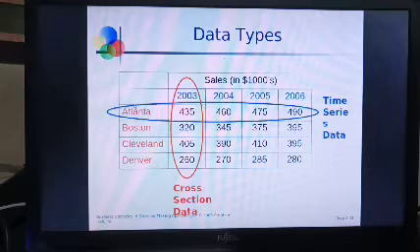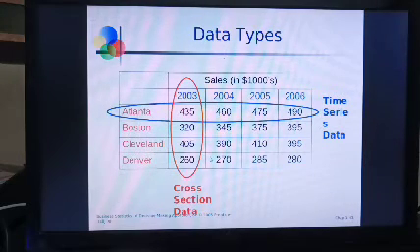This is an example of a time series data. And for Boston, this would be its time series data also. For Cleveland too.